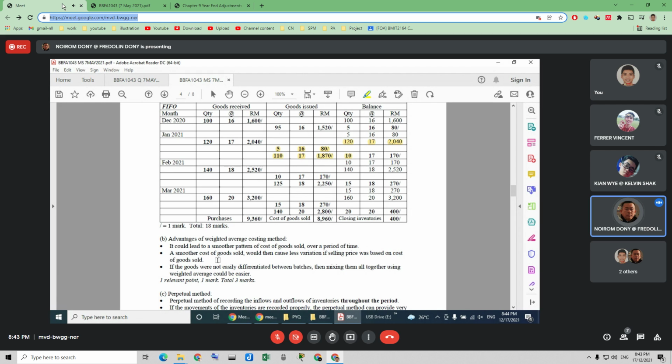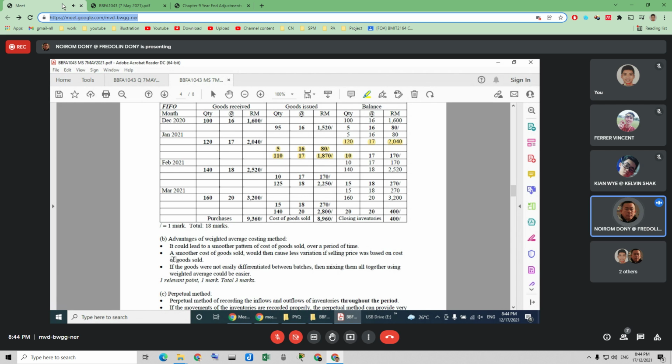A smoother cost of goods sold would then cause less variation if selling price was based on cost of goods sold. So we are talking about weighted average. We are not talking about first in, first out. Weighted average is where we add all the costs, and then divide by the quantity, just to get the average price.